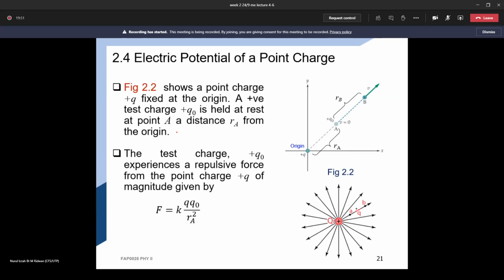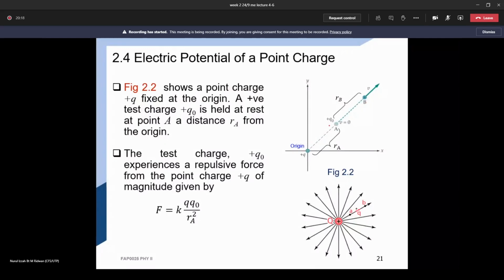So in physics, normally we will start with this positive test charge. The big charge is Q, located at the origin, and then you have a smaller charge at a certain distance from the big charge. In this part, the small charge is positive, and the big charge is also positive.